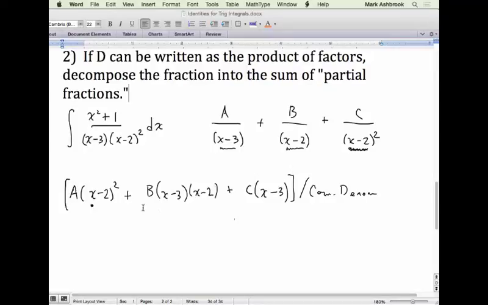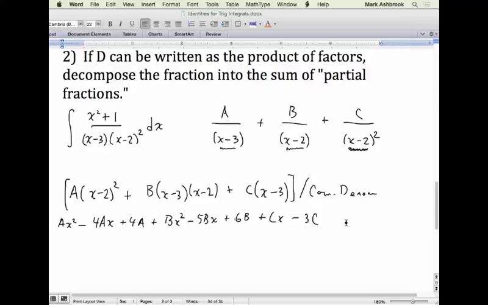Here we go. Ready? So I'm going to multiply these out and distribute in the A's, B's, and C's. Ready? AX squared minus 4AX plus 4A plus BX squared minus 5BX plus 6B. Check my math. Plus CX minus 3C.